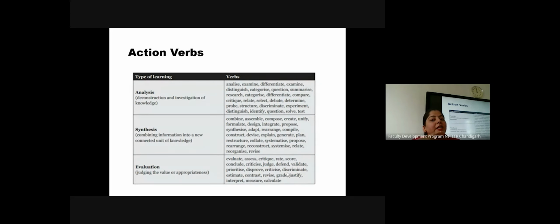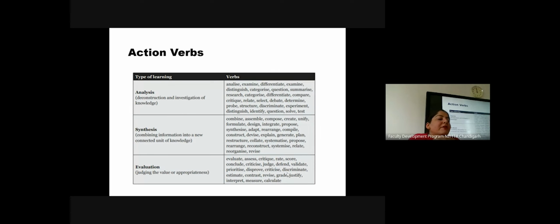Analysis: differentiate, compare, critic, relate, select, debate in a verbal environment, probe, structure, discriminate, experiment, distinguish, identify, question, solve, and test. At the level of synthesis: combine, assemble, compose, create, unify, formulate, design, integrate, propose, synthesize, systemize, rearrange, reconstruct, reorganize, and revise.